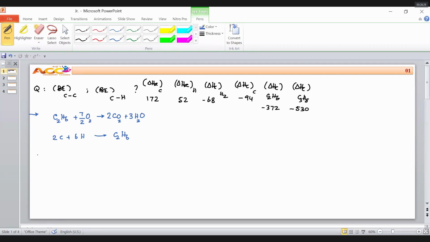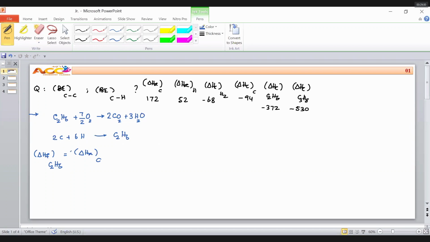Now I can write the enthalpy of formation of ethane. Let us take bond energy of carbon. No sir, there is no bond in carbon. Therefore, I should write atomization of carbon. Please have a look at the data. Is it available? Yes.